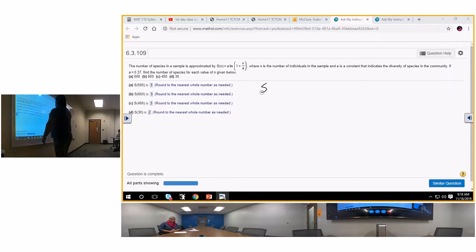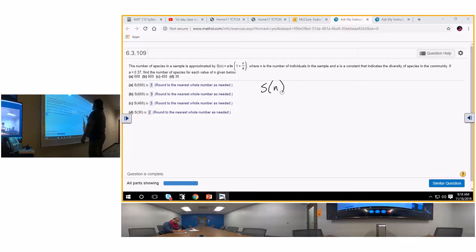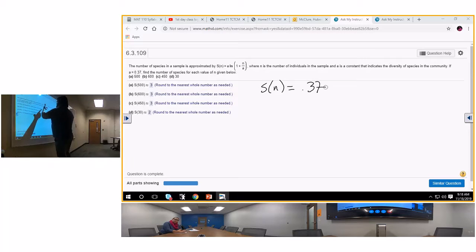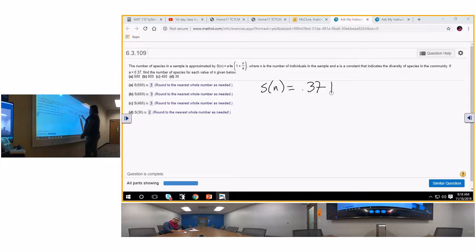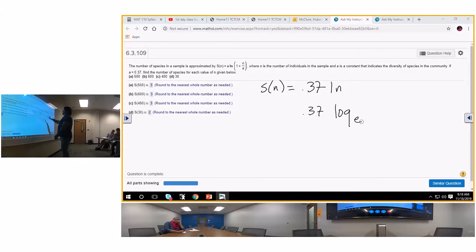S of N is equal to A. What is A? 0.37. And then natural log, so you could write this as log base e, of 1 plus, what's N?